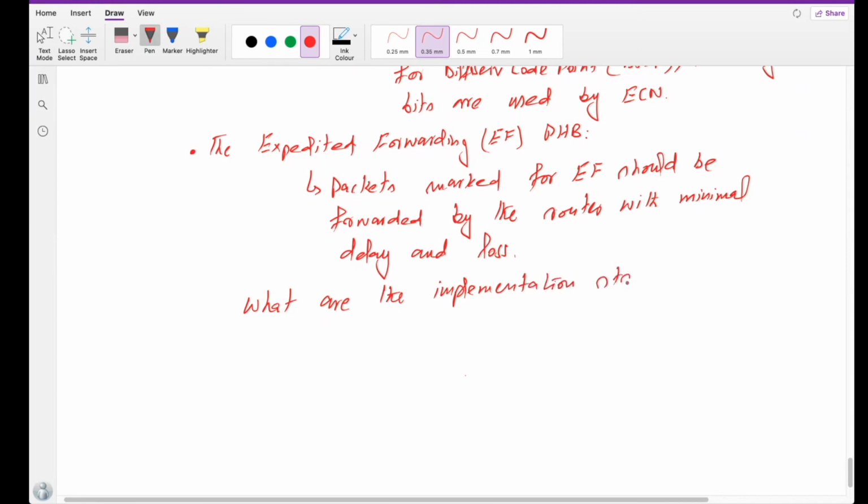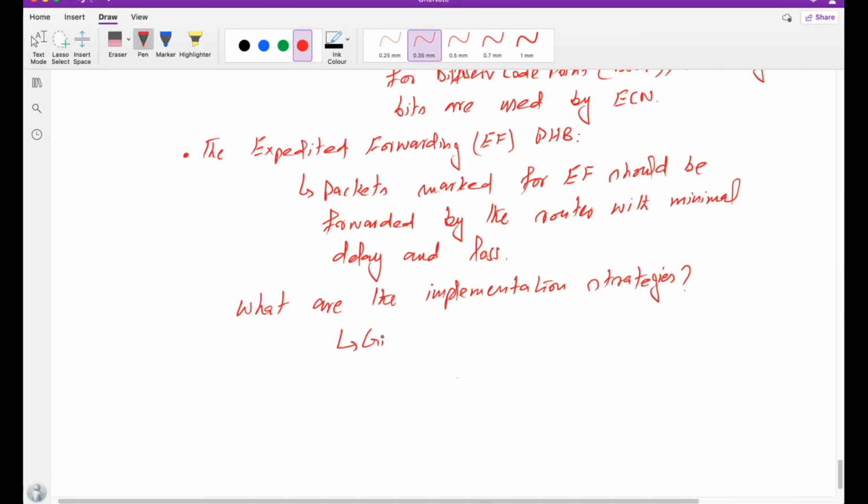What a router does is it gives expedited forwarding packets strict priority over all the other packets.